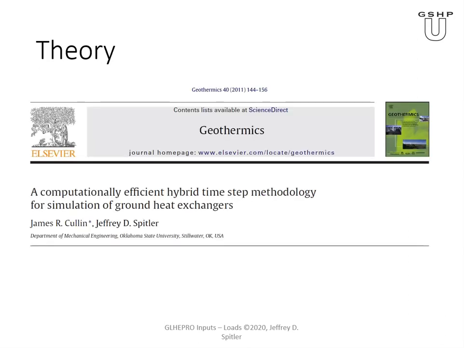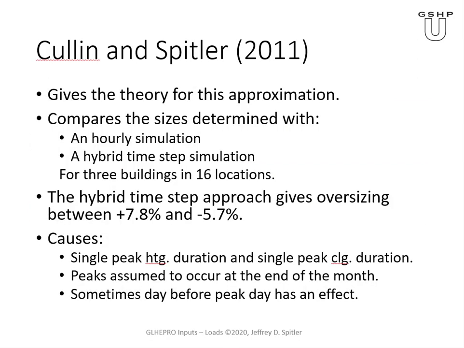Okay, in terms of the theory, I'm just going to briefly mention there's a paper by Cullin and Spitler where this is all spelled out. One of the things that we did was we sized with an hourly simulation and with a hybrid time step simulation, and we looked at 48 different buildings. Right?